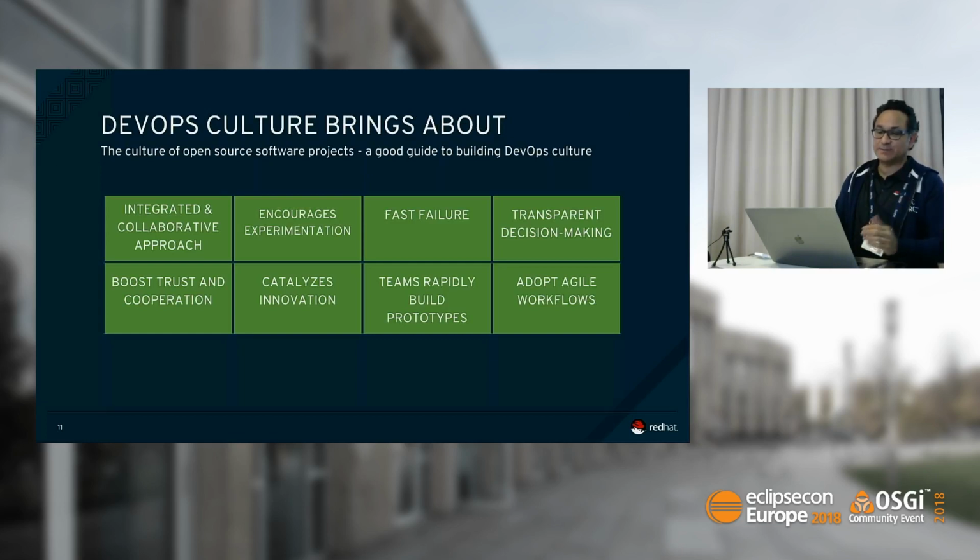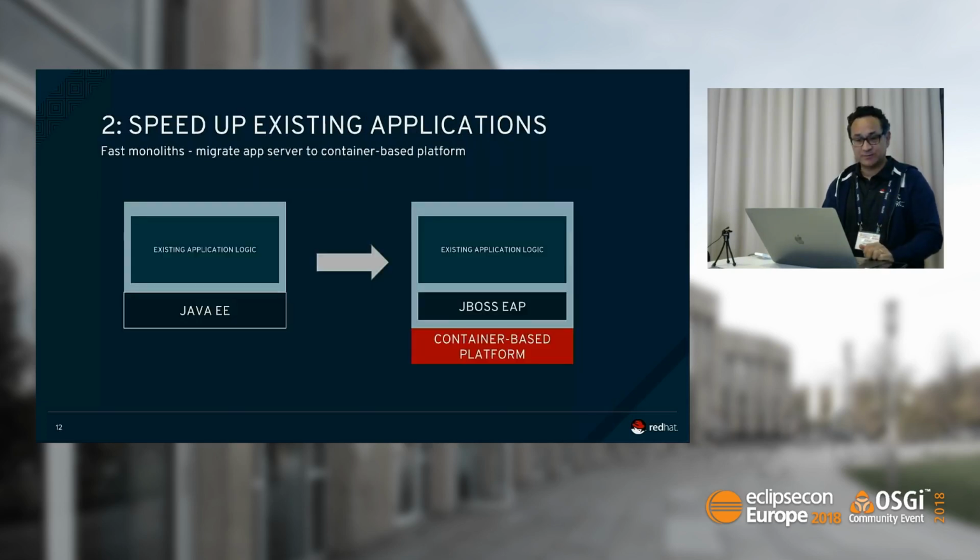And why DevOps? These are some of the benefits you get by using it. It encourages experimentation. Fast failure, I'm sure you've heard of the concept of fail fast. It catalyzes innovation, it boosts trust and cooperation across teams. You build prototypes fast, and you adopt agile workflows.